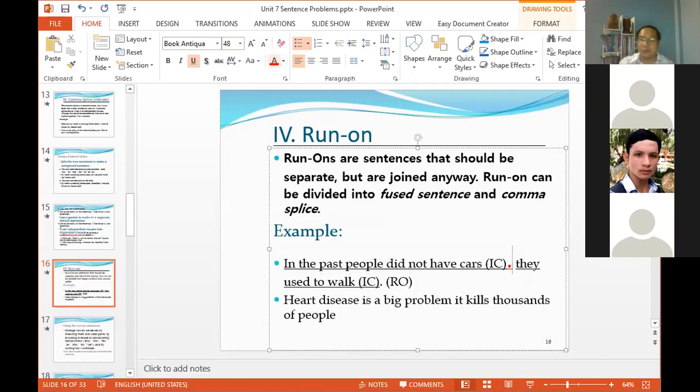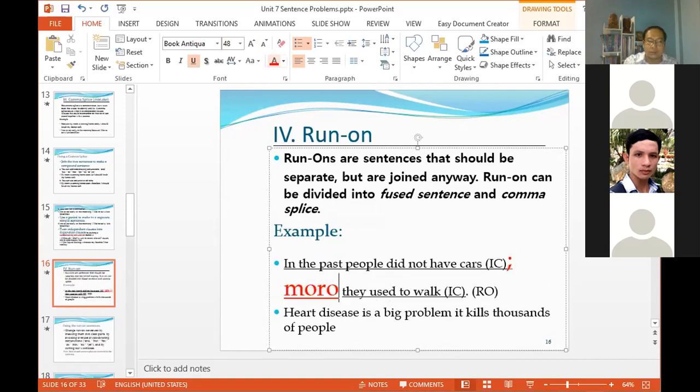Or use FANBOYS: In the past people did not have a car, so they used to walk. Another one we can use is a conjunctive adverb, the same, right? Moreover, with a comma there. So you see by the way that we can use for that one.